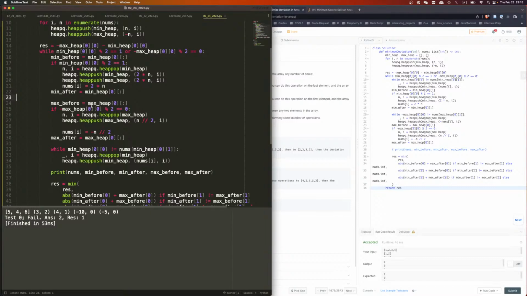So I move min first, or I move max first, right? Or no move. Move min first. Move max first. Move min and then move max. Four situations.